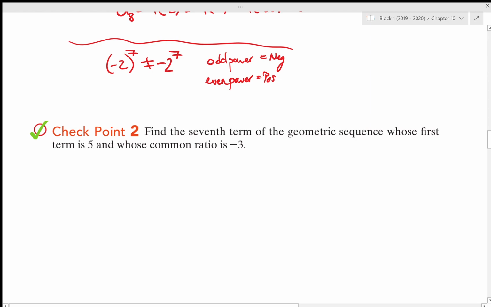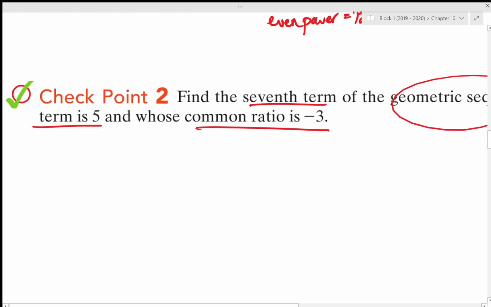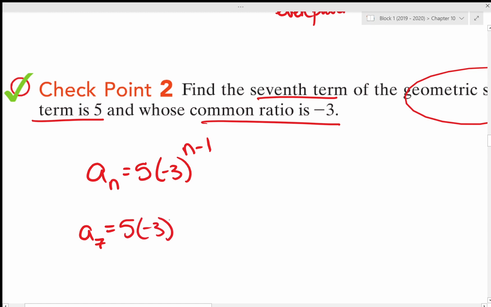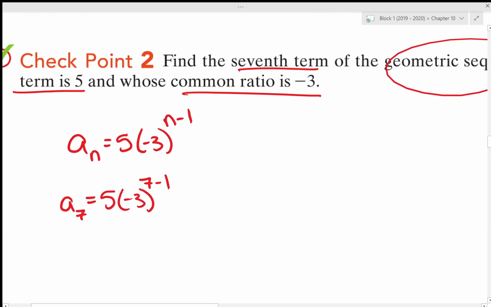Alright. So, find the 7th term of the geometric sequence whose first term is 5 and whose common ratio is negative 3. So let's find the nth term first. So my first term is 5. My common ratio is negative 3 to the n minus 1. So now that we want the 7th term, it's 5 times negative 3 to the 7 minus 1 power.